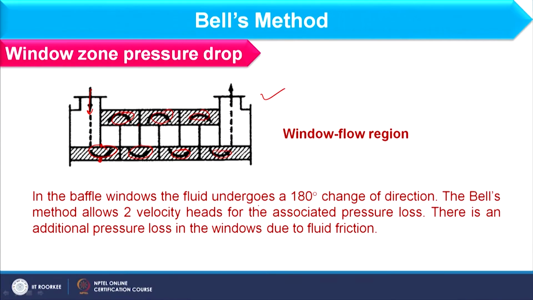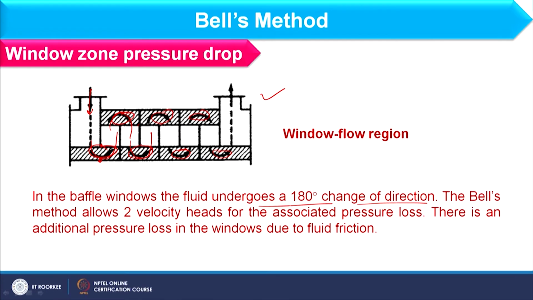Okay. So, in baffle windows, the fluid undergoes a 180-degree change in direction, because here, if you see, it is basically like a U tube, a complete reversal of the flow.